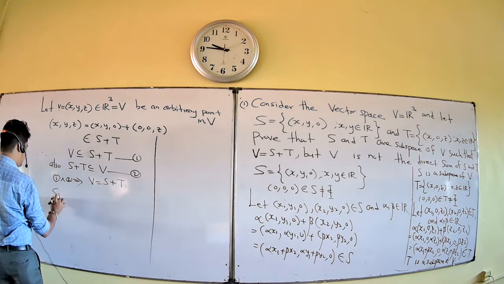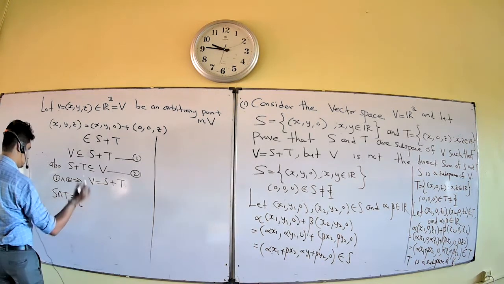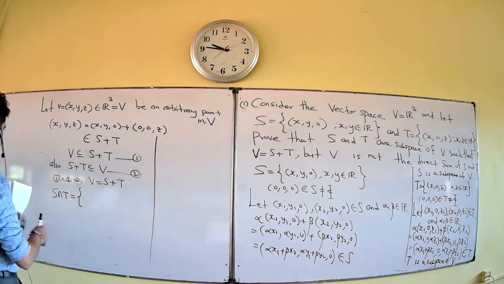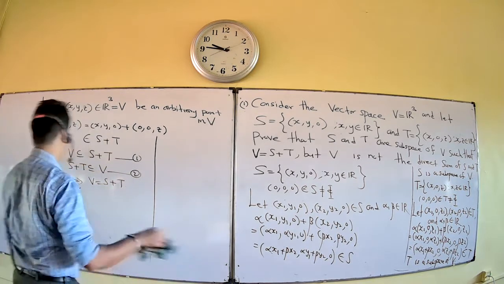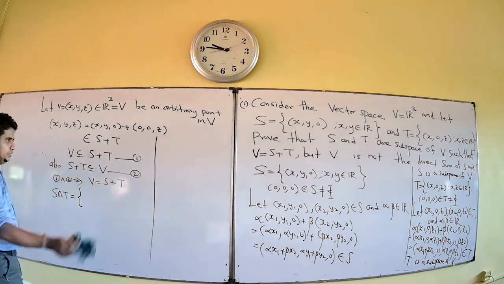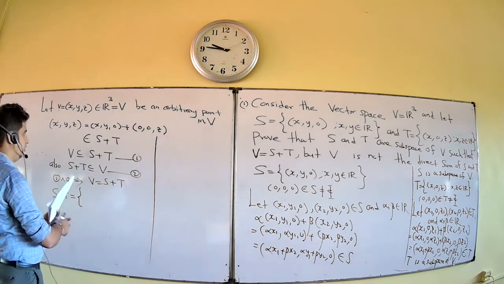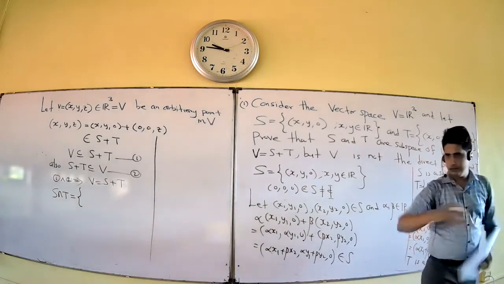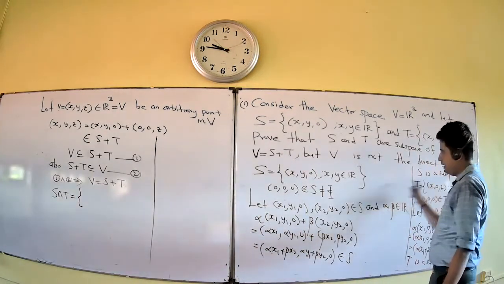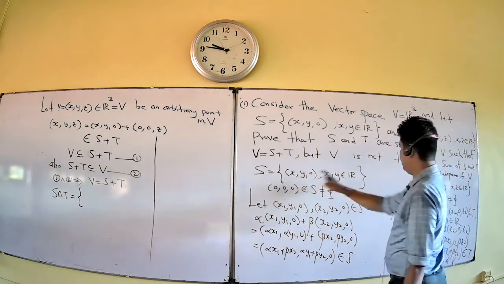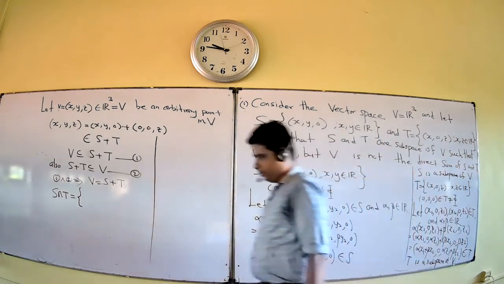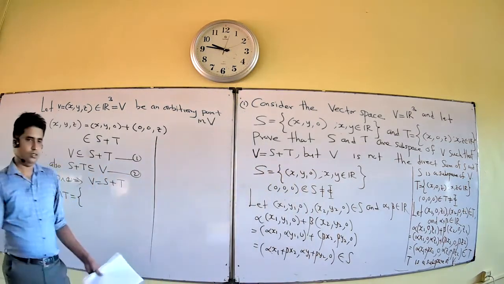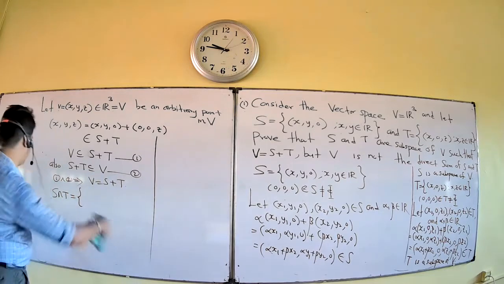Now, what about the intersection of S and T? Here your S is this one and T is this one. The common points are those with x, y equal to 0 and z equal to 0. We can do it like this.